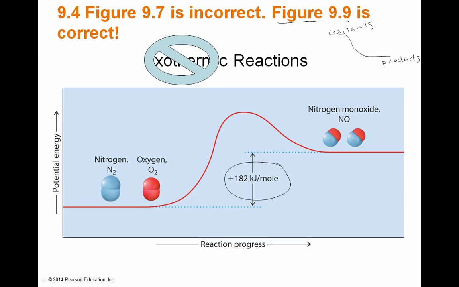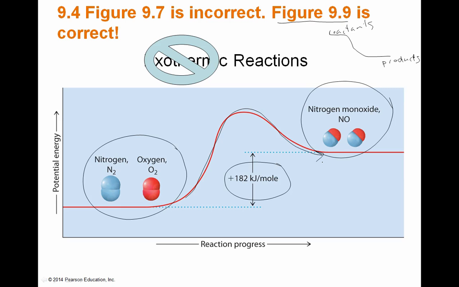Okay, so let's look at this figure. What's going on here? Over here, you have a reaction, where these are your reactants, nitrogen and oxygen. In order for them to produce nitrogen monoxide, they must come together with a sufficient amount of energy. This is actually an endothermic reaction, because if you look right here, they have to climb up this huge hill before they could ever produce their end product.